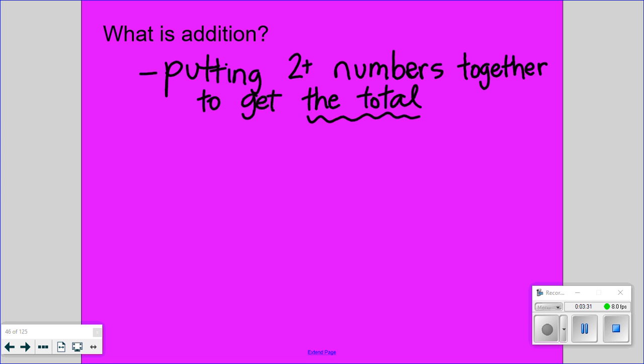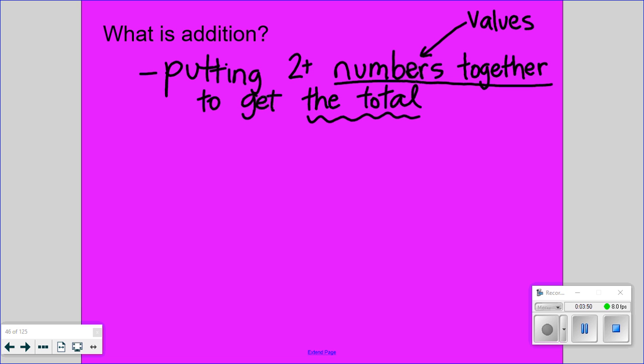When we say put numbers together, let's draw an arrow to numbers. And I think, Jordan, what might make it clear is Avery's word. When we put 2 values together. Let's write the word value, for values, plural.